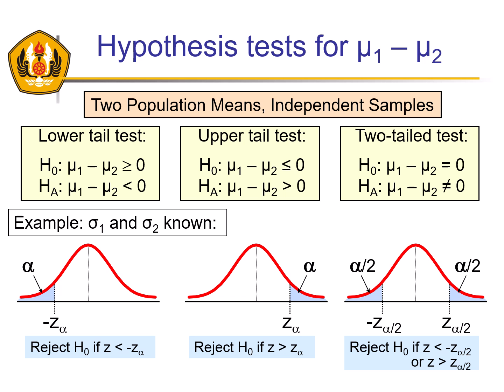The boxes indicate the hypothesis testing for the null hypothesis and alternative hypothesis: the lower tail test, then the second in the middle is the upper tail test, and the right side is the two tail test. When sigma 1 and sigma 2 are known, then we will use the z statistic.